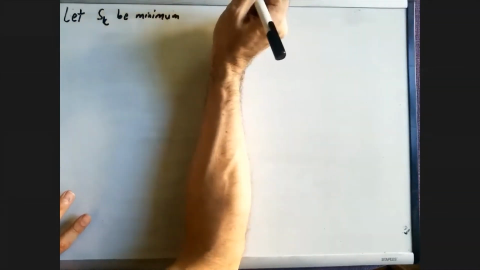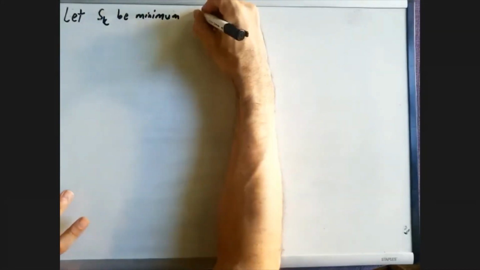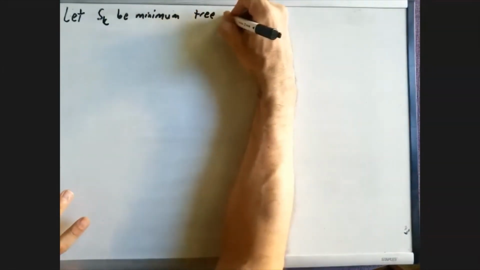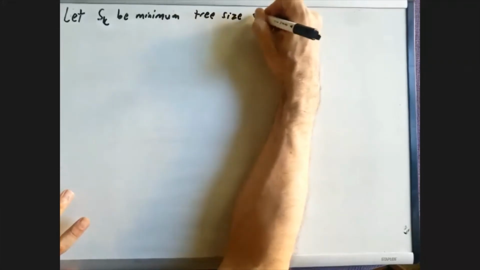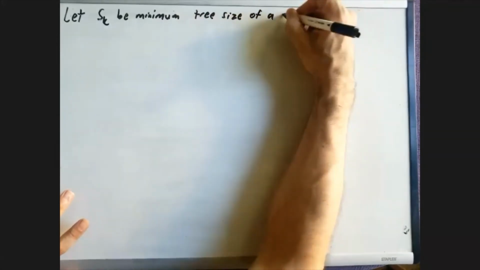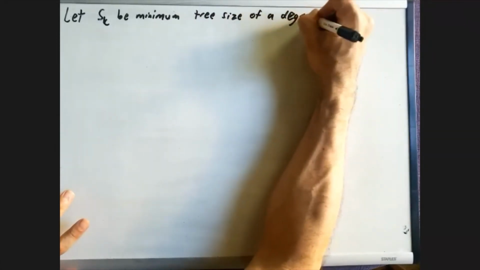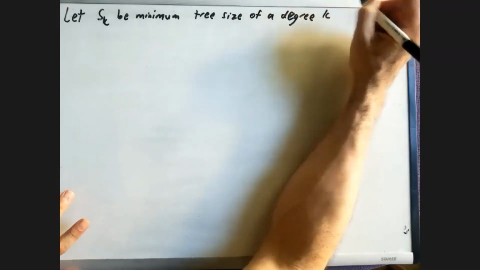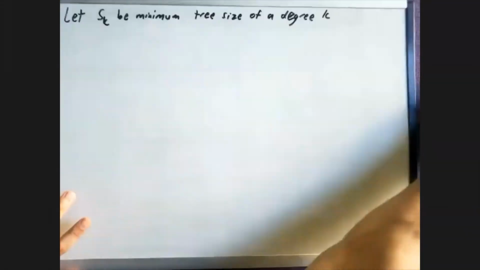That's interesting. Okay, so now let's figure out how big trees are. Let SK be the minimum tree size of a degree K. Sorry, let me be more precise about that.